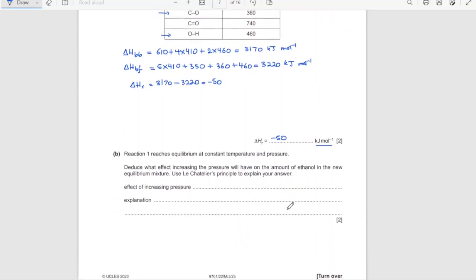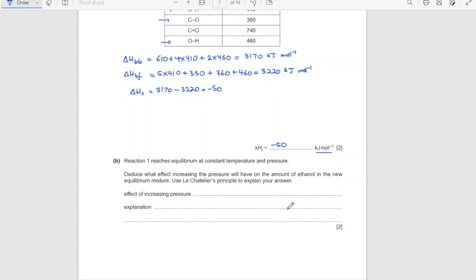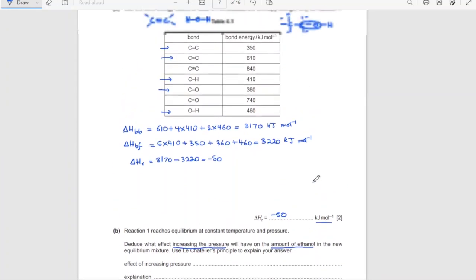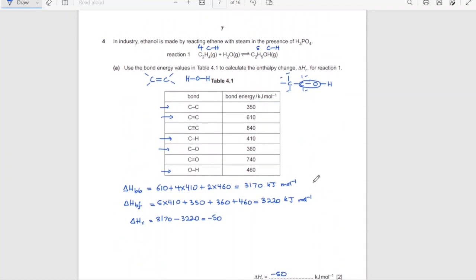so now it says that reaction 1 reaches equilibrium at constant temperature and pressure. We need to find the effect of increasing the pressure on the amount of ethanol that is produced. So if you look back up at the equation, over here we have 2 moles of gas on the reactant side, and on the product side we only have 1 mole of gas.